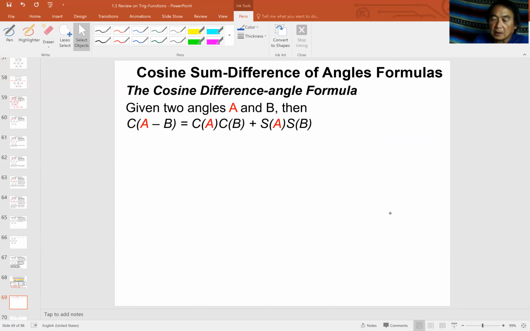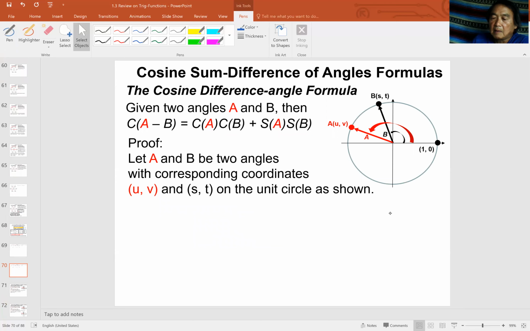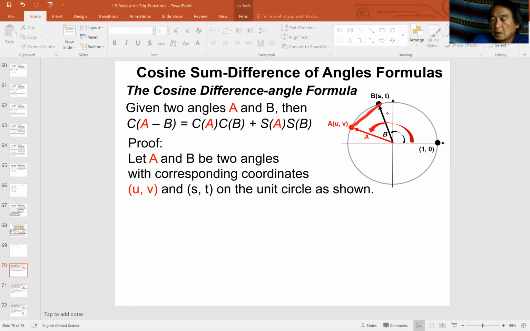It's a geometry argument, about a distance. The distance from here to here is going to be the same if I move these angles back here, rotating the two angles into that position by minus B. The distance will still be the same.